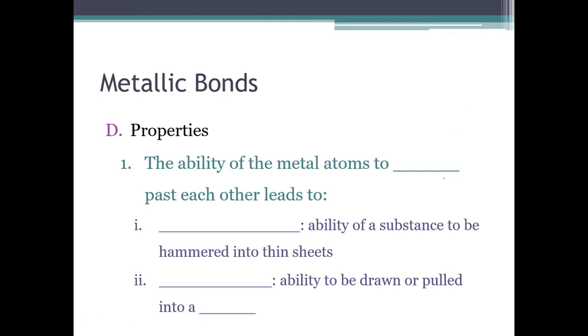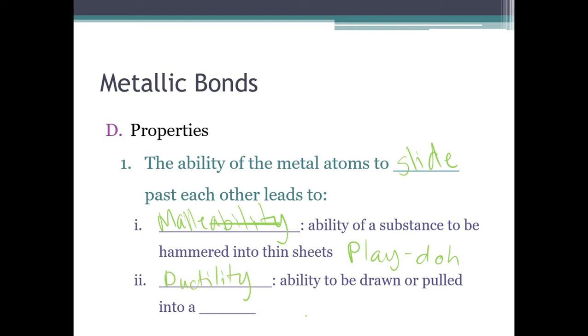Also, the ability of metal atoms to slide past each other leads to two other vocab words that we learned in Unit 1, malleability, which is the ability of a substance to be hammered into thin sheets, to be molded like Play-Doh. That is malleability. And it also leads to ductility, which is the ability to be drawn or pulled into a wire.